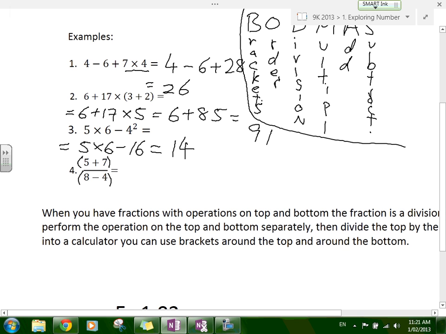So 5 plus 7 is, so this one is different because you're assuming, without writing it, that you're using brackets. That's why it looks like we're changing the order of operation. But it actually means without drawing the brackets in, we have brackets in. So 5 plus 7 is 12 over 8 minus 4 is 4. 12 divided by 4, Josh, is 3. Good. So it's 3. And that's the important point here that I'll just make sure you can see.